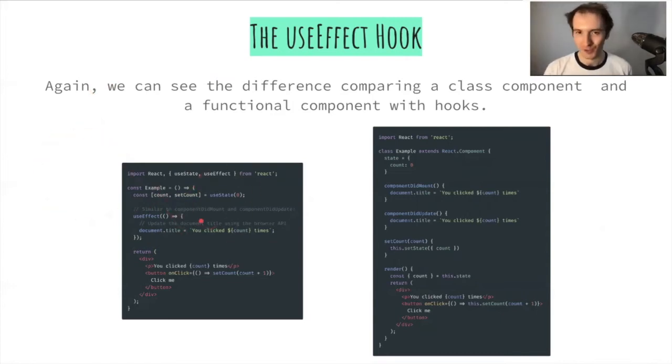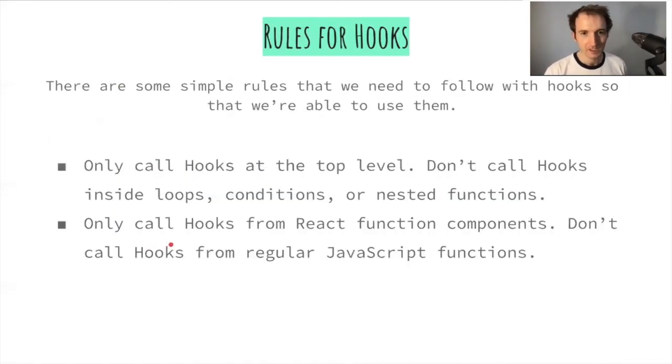So to make sure that hooks work, we always have to put the hooks before any other code. On that note as well, we can't put hooks inside of loops, conditions, or other functions. They always have to be at the top level of the hierarchy, the top level of the component, the top level of scope. So we can't nest them inside of something else.